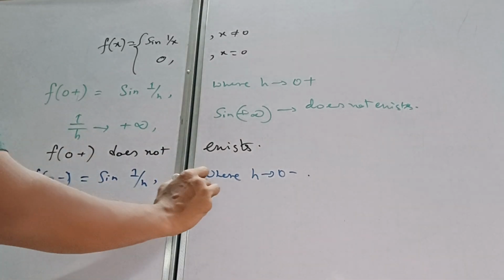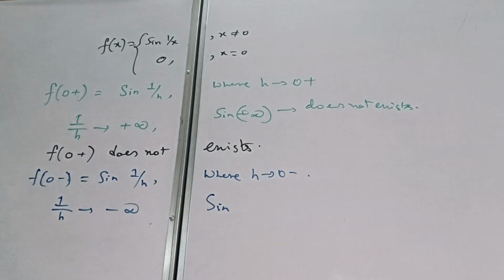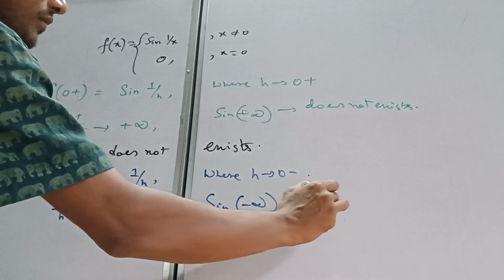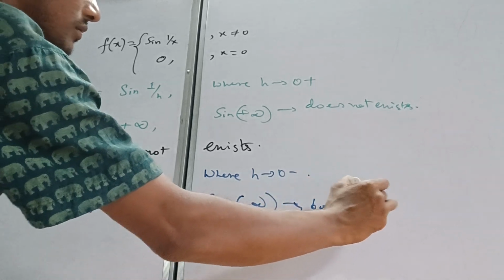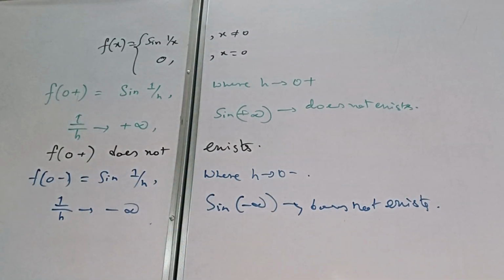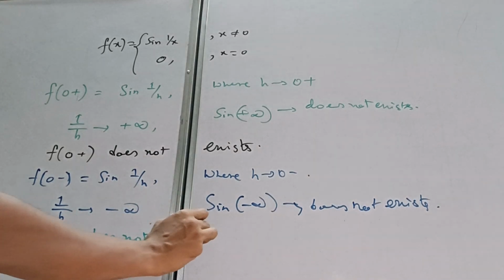Then sin of minus infinity does not exist. So what happened here? We write that f(0-) does not exist.